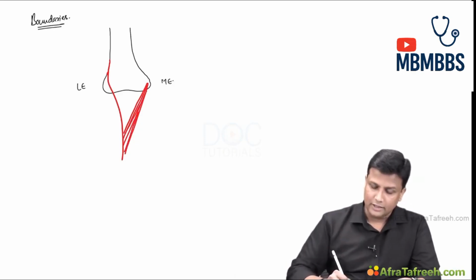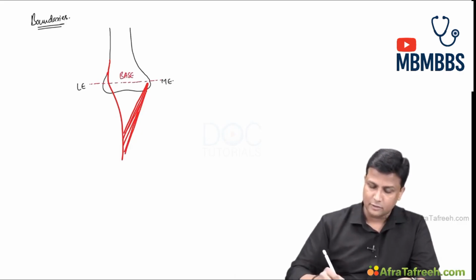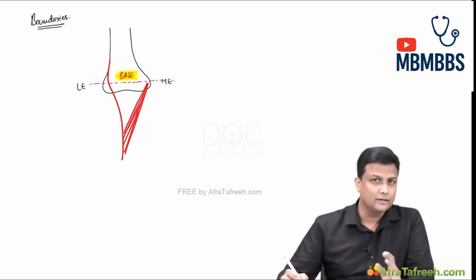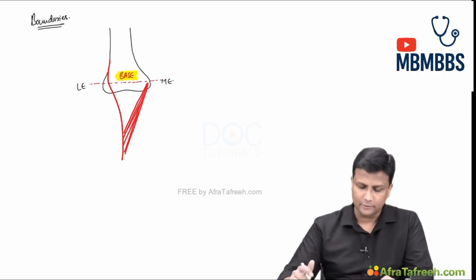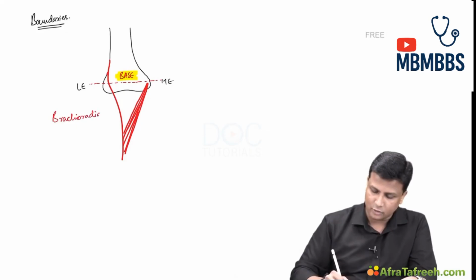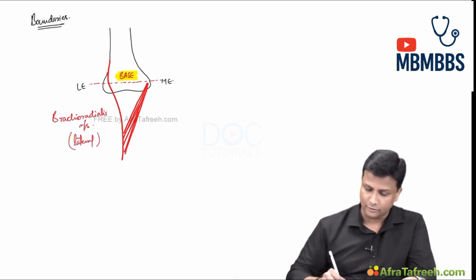Now join the lateral epicondyle with the medial epicondyle with an imaginary line, and that is going to form the base. I repeat again, the base is formed by just an imaginary line joining the lateral epicondyle with the medial epicondyle. On the lateral side there will be a muscle, the brachioradialis muscle, which forms the lateral boundary of the cubital fossa.